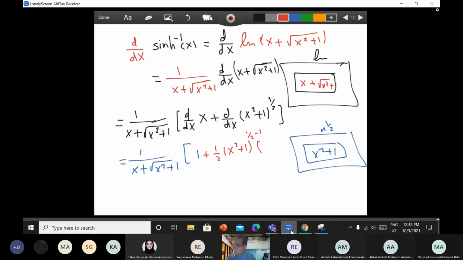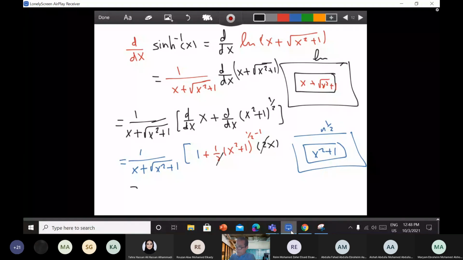I will do it in one go. I know how to differentiate x squared plus 1. It's 2x only. Now this 2 will cancel out this one, right? So I end up with 1 over x plus root square of x squared plus 1.